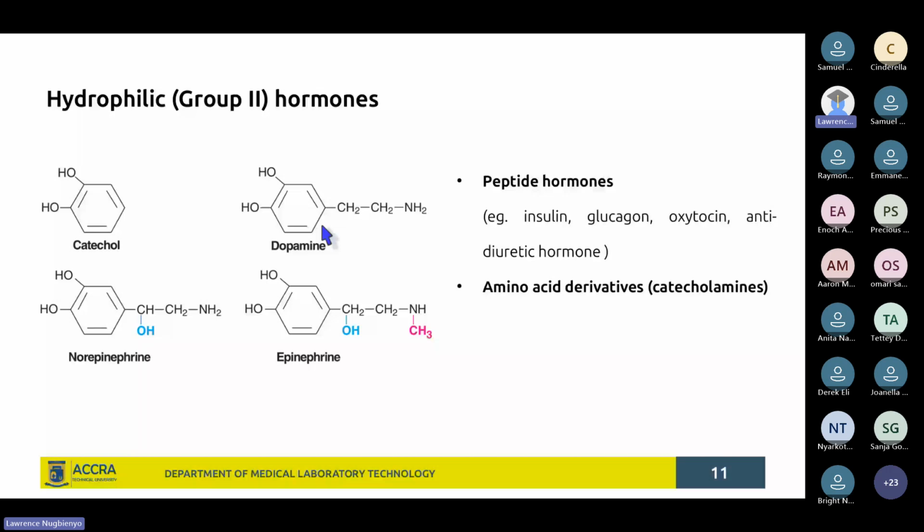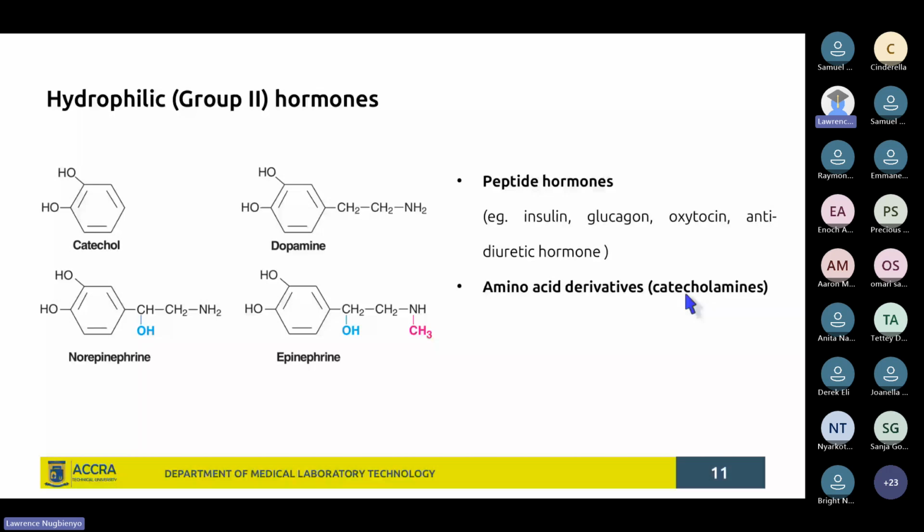Now, what you also see is that you have catechol, which is this six-sided ring with the hydroxyl groups there. And you see that it's just an addition of side chains with amine groups on it that gives you the structure of the hormones. And that is why the amino acid derivatives are also referred to as catecholamines.